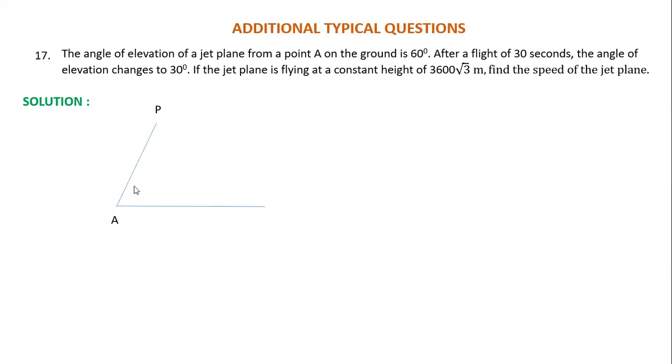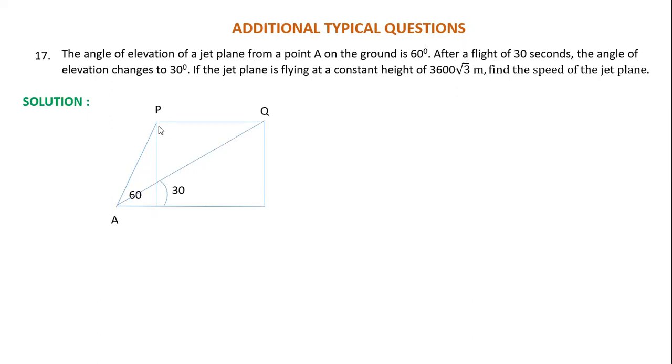He looks at the plane and measures the angle of elevation, and this is the perpendicular height. This is an imaginary line. So this angle is 60 degrees. The plane is not stationary. It moves and goes to position Q. At this position, the angle of elevation we measured is 30 degrees.